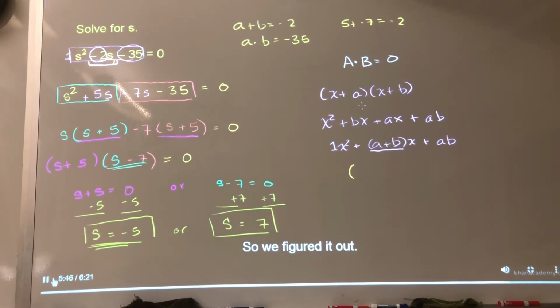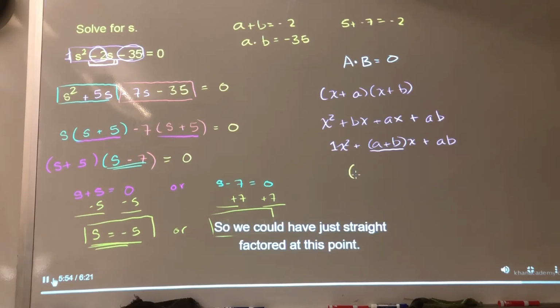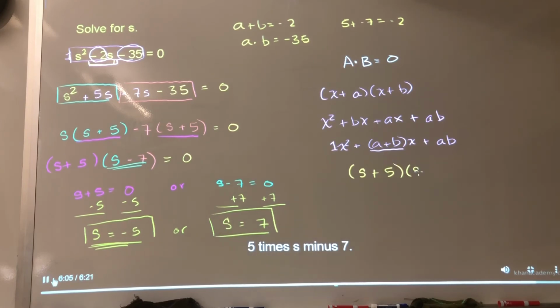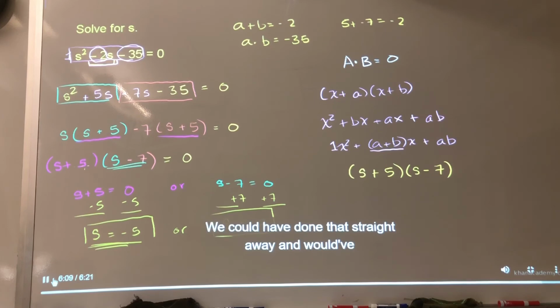So we figured out it's 5 and negative 7. 5 plus negative 7 is negative 2. 5 times negative 7 is negative 35. So we could have factored straight to s plus 5 times s minus 7. We could have done that straight away, and of course, that whole thing was equal to 0.